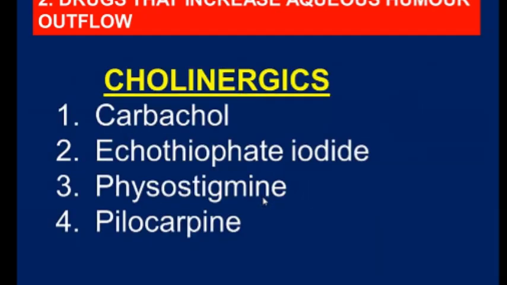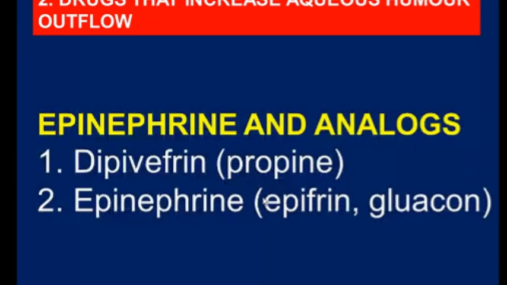Another example is the cholinergics. Under cholinergics, we have carbachol, echothiophate iodide, physostigmine, and pilocarpine. Also, dipivefrin and epinephrine can have this mode of action that increases aqueous humor outflow.